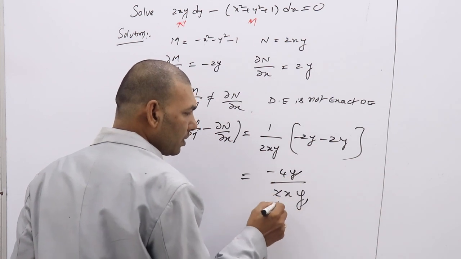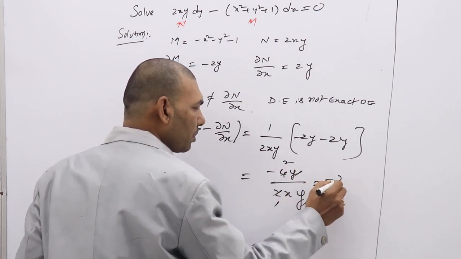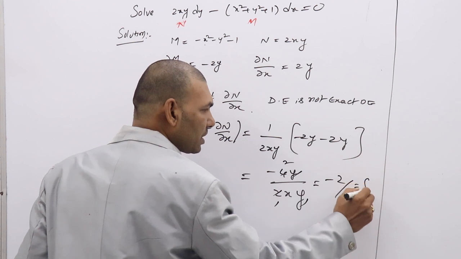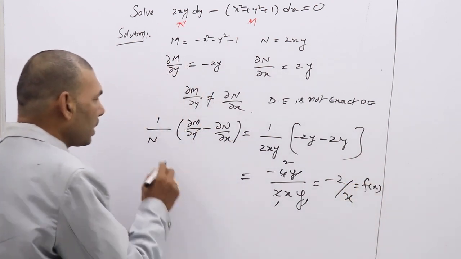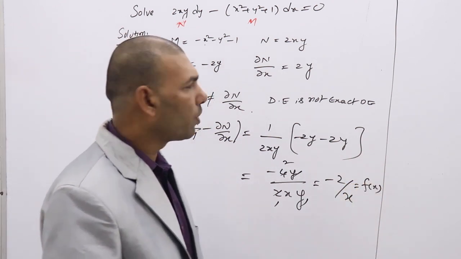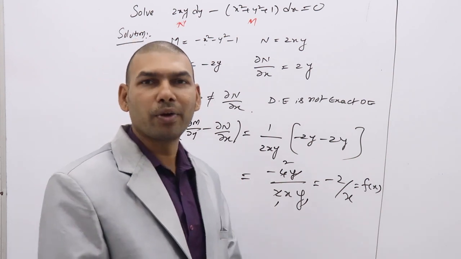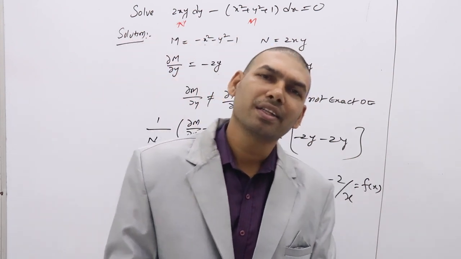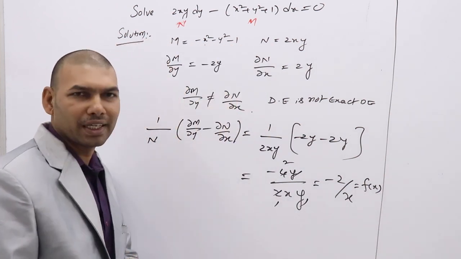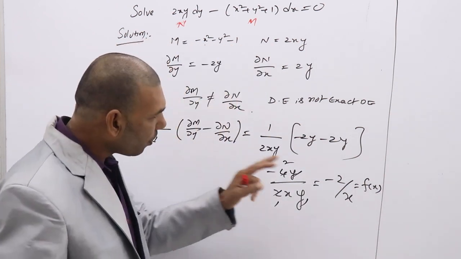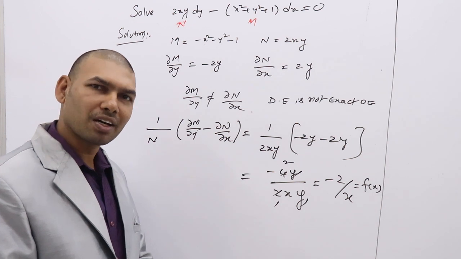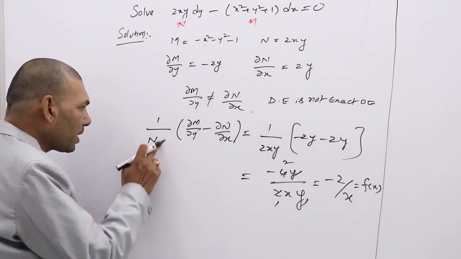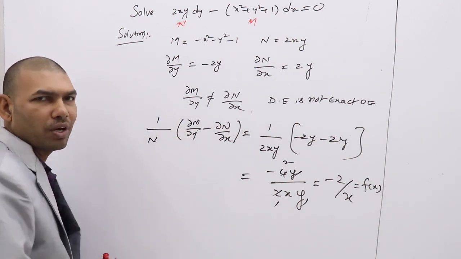Y cancels, 2 ones are 2, 2 twos are 4. Minus 2 by x, which is a function of x. If 1 by N into dou M by dou y minus dou N by dou x is a function of x or a constant, then we prefer this one as the integrating factor. If you don't get this as a function of x or a constant, then 1 by M into dou N by dou x minus dou M by dou y we will do.